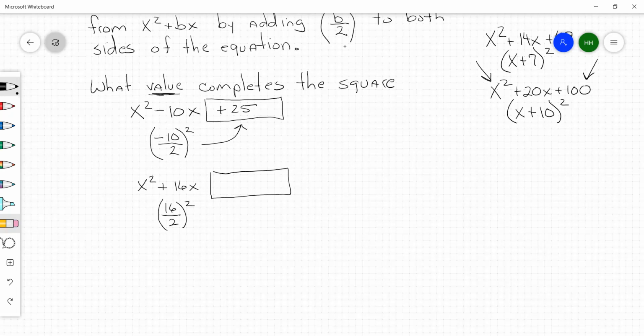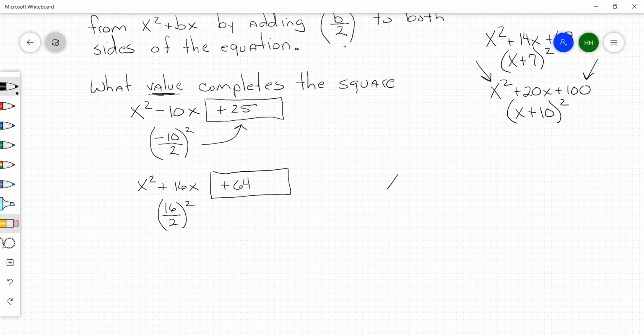So what do we add out here? Positive 64. 16 divided by 2 is 8, squared is 64. So you just formed a perfect square trinomial, and you did that by a technique called completing the square.